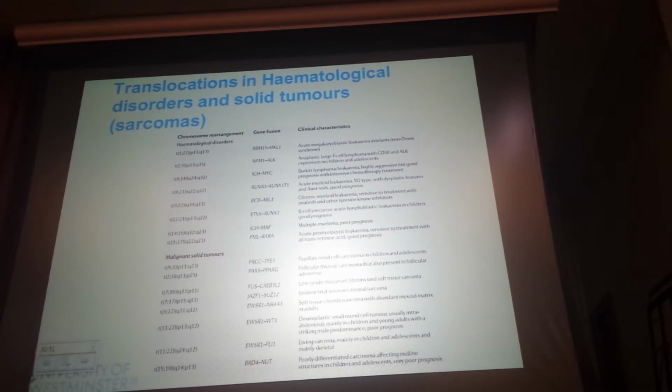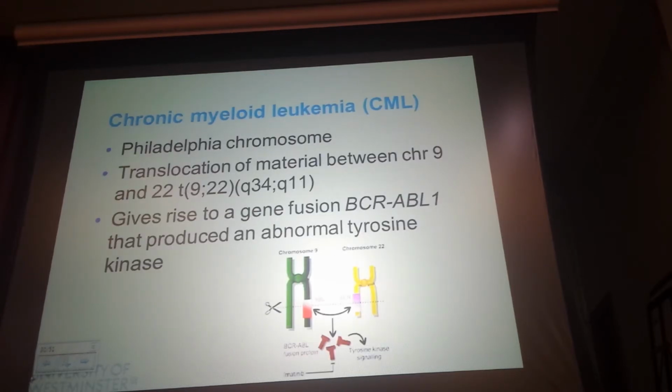Although now with new technologies like next generation sequencing, we are discovering more and more new types of mutations, and some of these solid tumors like lung cancer or prostate cancer have translocations. But the take-home message is that you find translocations mostly in hematological disorders, in leukemia or in lymphomas, and in certain types of sarcomas, which are rare diseases.